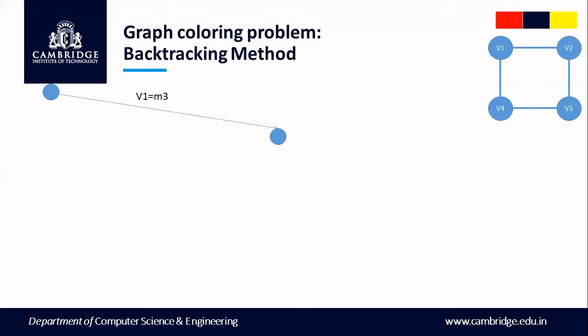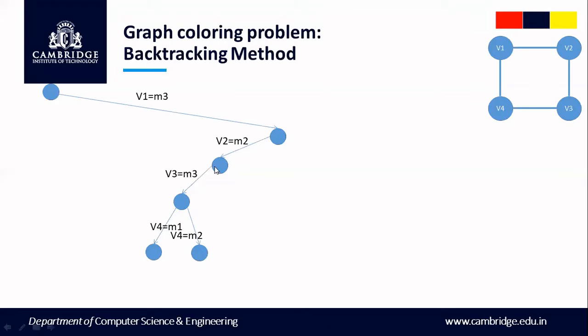So if we assign M3, then V2 can be assigned M1 or M2. If we assign M2, then V3 can be assigned either M1 or M3. If we assign M3, then V1 is M3, V3 is M3, so V4 will have two options: M2 and M1.